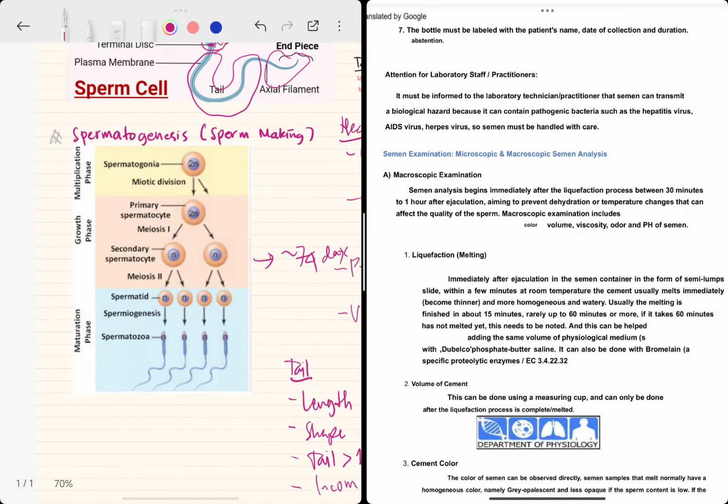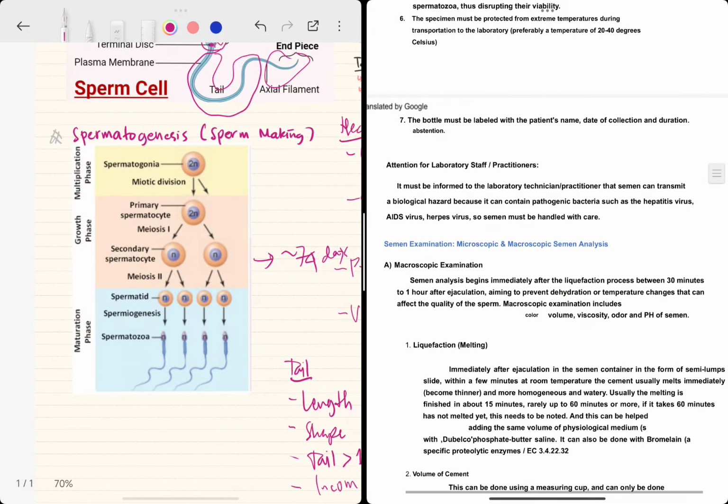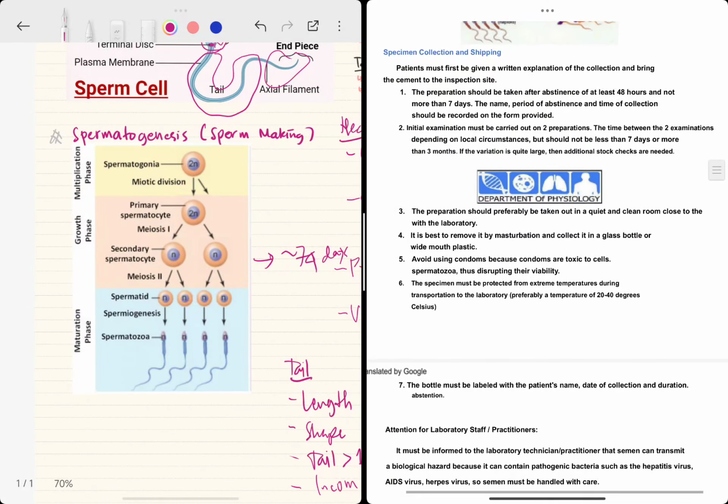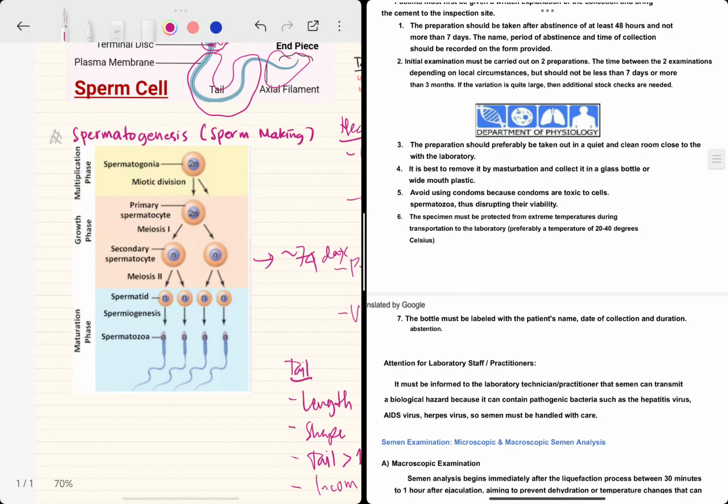Okay, let's go to the next one, which is the specimen collection. I don't think I need to explain this too much, but I'm just going to add some things. Why do they need the proband to be abstinent, or not ejaculate, for at least 48 hours and up to 7 days and not more than that?